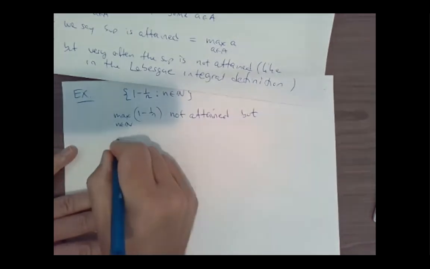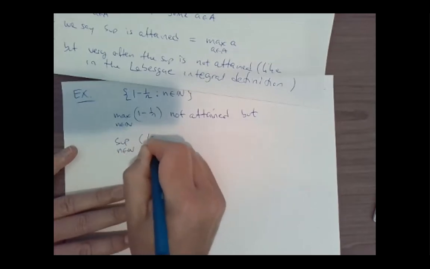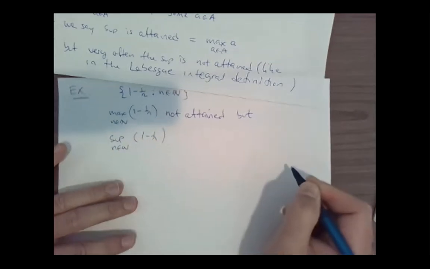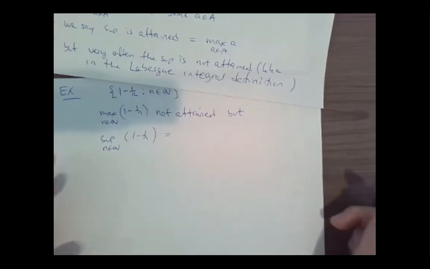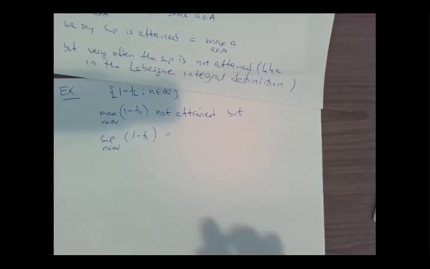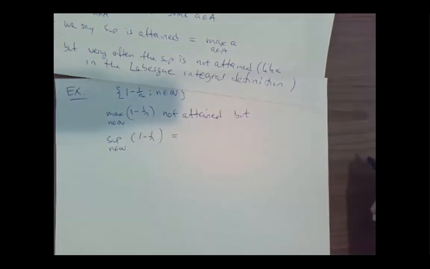But if I look at the supremum, what's that value? What is the smallest big number here? I need a big number that is bigger than all of these, and I need the smallest such big number. What is it?